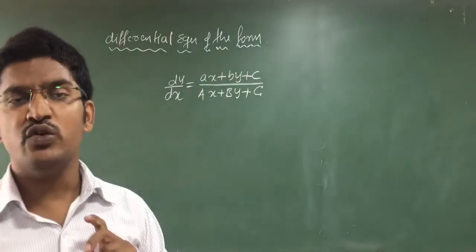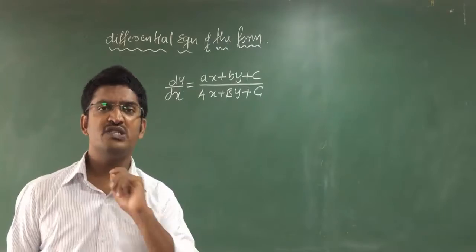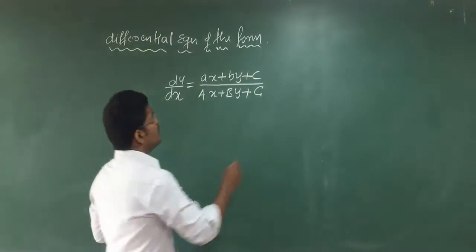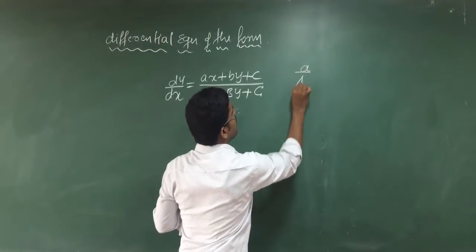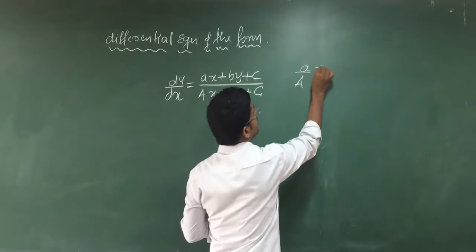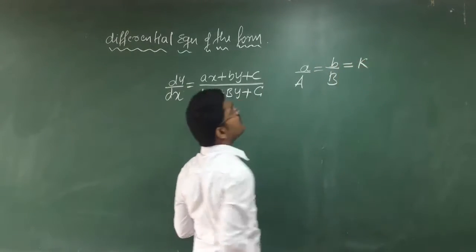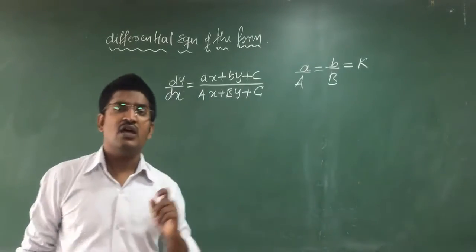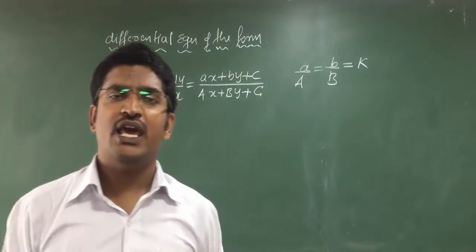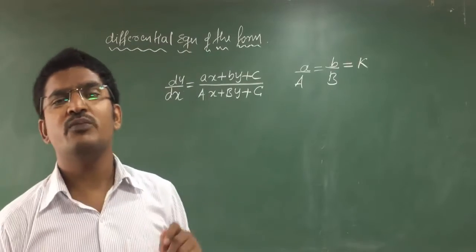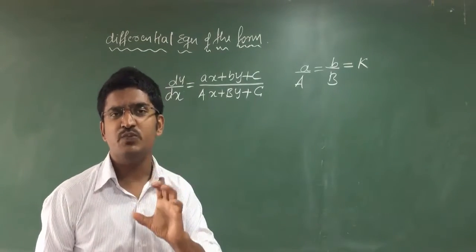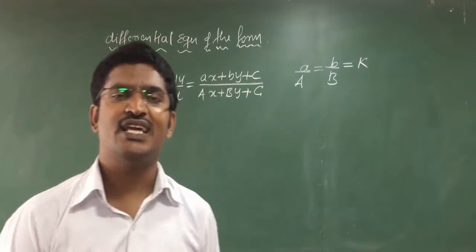To reduce it to variable separable form, first you have to check the ratio a by A is equal to ratio b by B for the same constant. Clear? Small a divided by capital A must be equal to small b divided by capital B. That must be equal to the same constant, that is k.